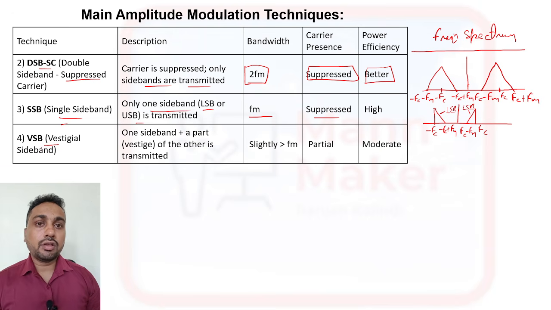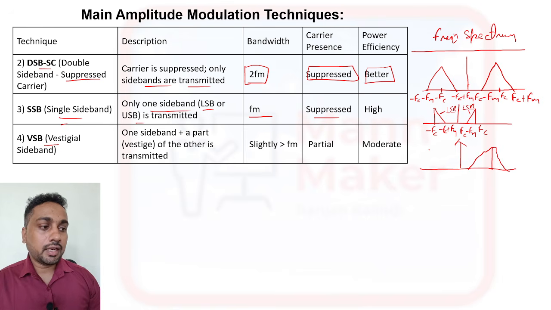All right. Now if we talk about VSB, vestigial sideband, in that they transmit one sideband and a part of the vestige. Here the carrier signal will be present partially. If you see the diagram, it will come somehow like this. Suppose one sideband goes this part, and some part of the vestige, like that.